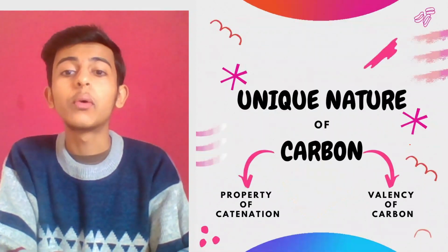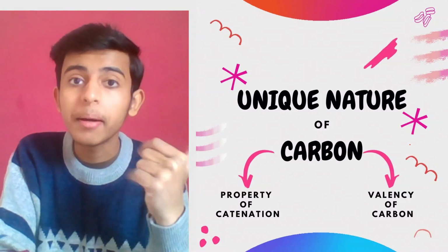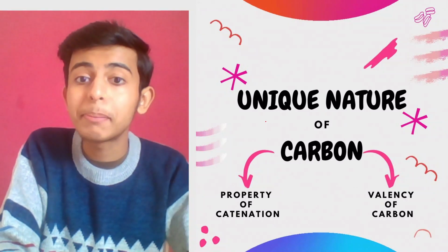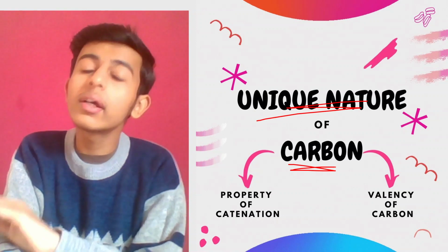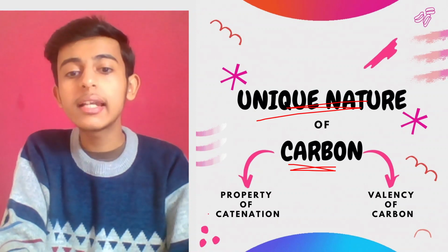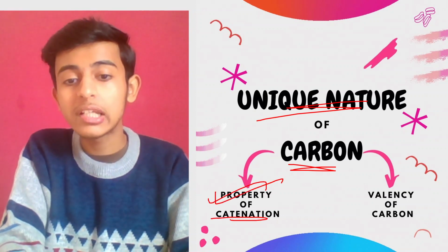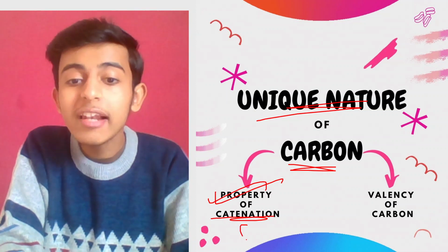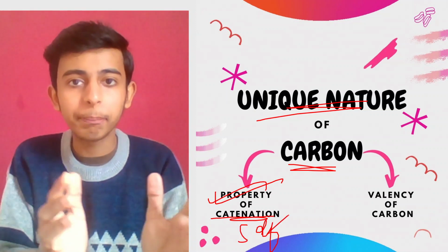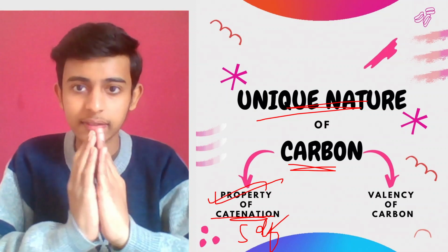Now, the unique nature of carbon. Carbon has something unique, something peculiar about it, which no other element has. So what is that, guys? Number one is the property of catenation. Catenation means self-linking property. Carbon forms bonds with itself.